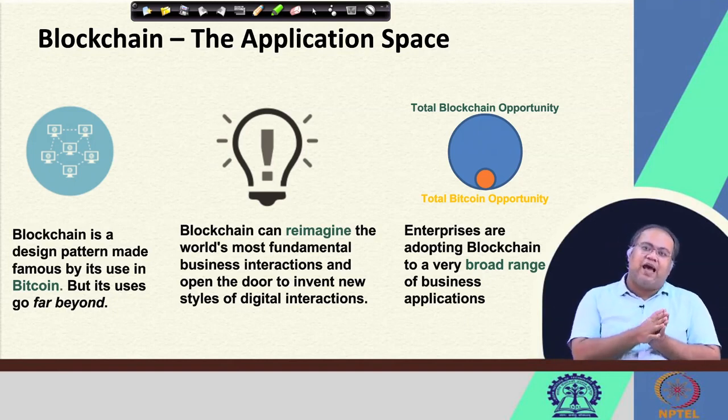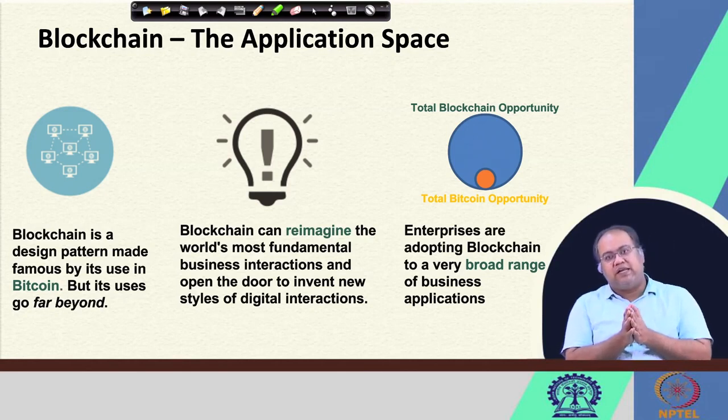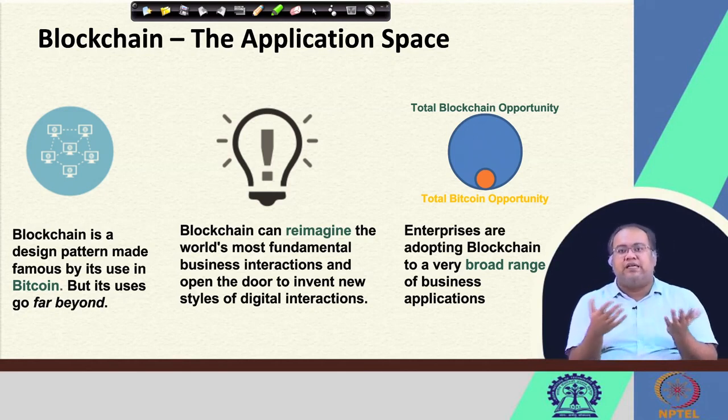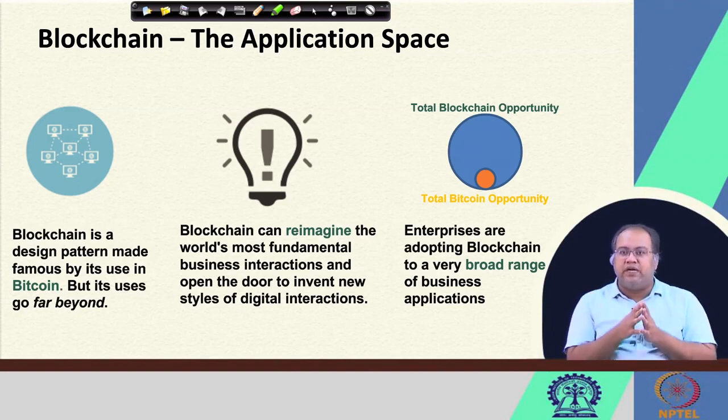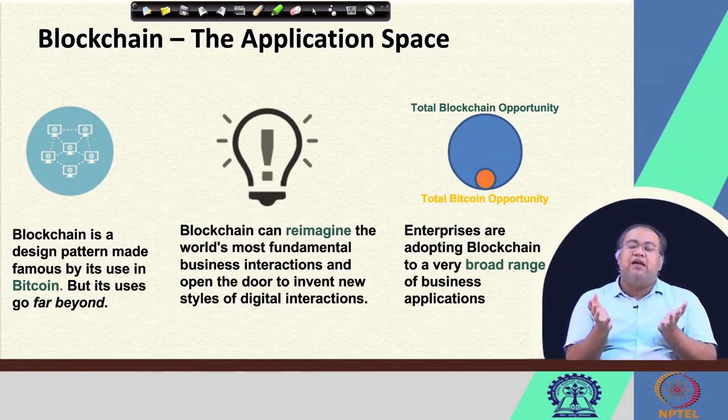From that aspect it becomes very interesting to use blockchain in an enterprise space. Although Bitcoin made blockchain popular, the application space for blockchain is much bigger than what Bitcoin can provide.